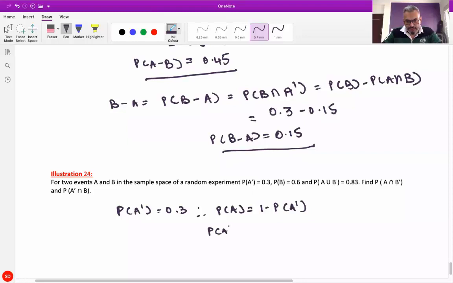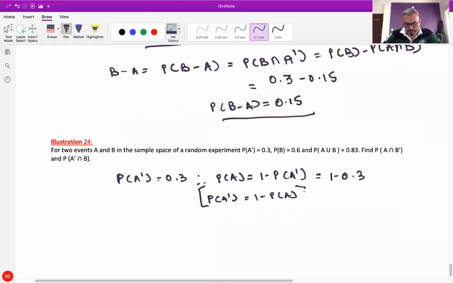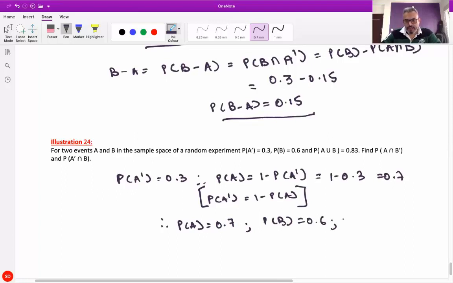Because P of A complement is equal to 1 minus P of A. So therefore P of A is equal to 1 minus P of A complement, which is 1 minus 0.3. Therefore P of A is equal to 0.7.